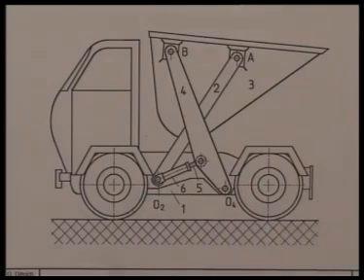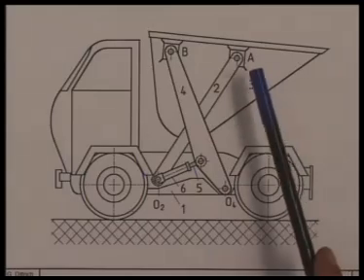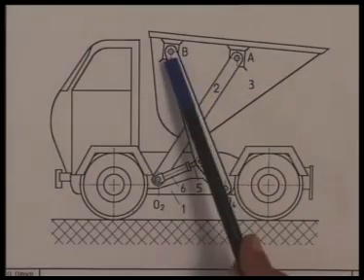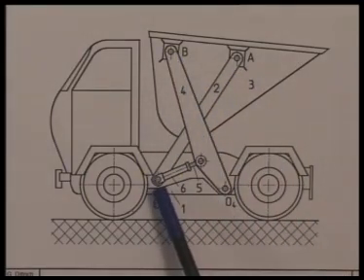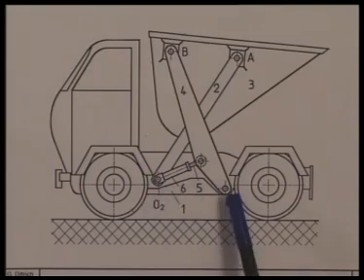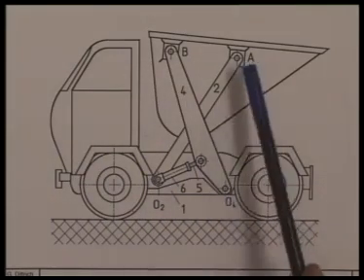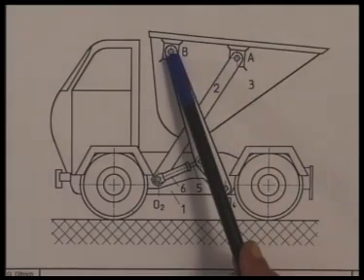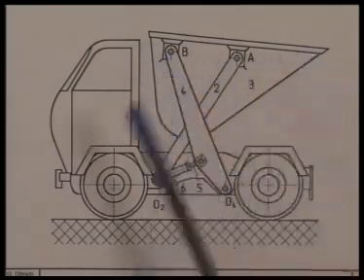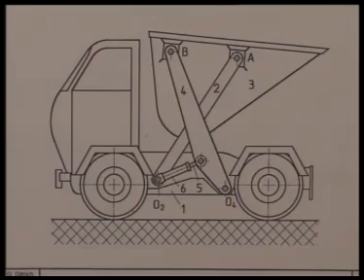Our job is to locate the suitable positions of A and B for given locations of O2 and O4. These are the fixed pivots which must be on the body of this tipper dumper, and A and B have to be determined such that this dumping bin passes through three given configurations. That is the problem, and let us see how we solve it using this principle of kinematic inversion.